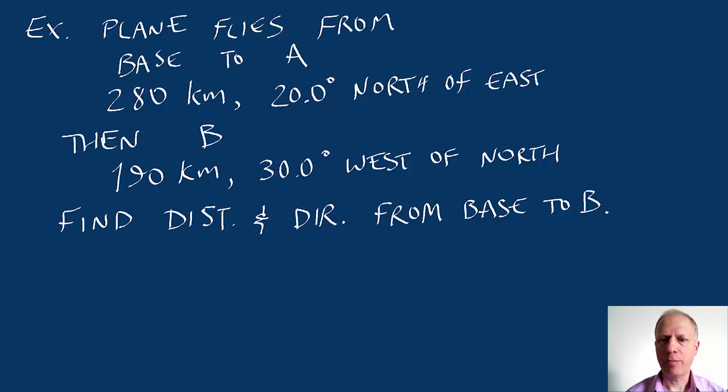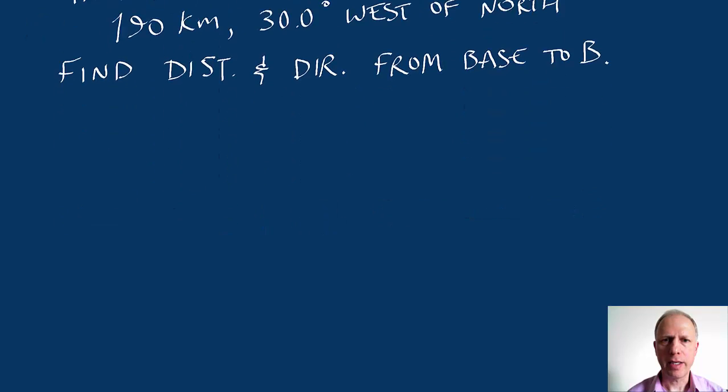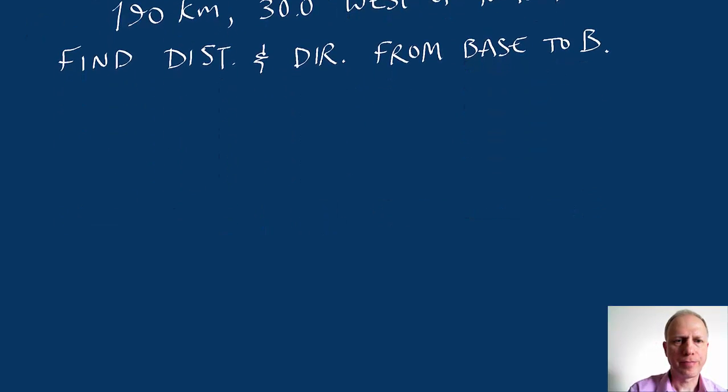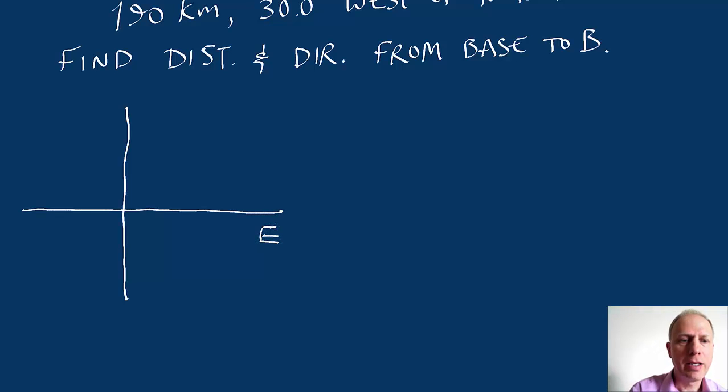So in pretty much any problem, I strongly recommend that you make a sketch. I'm going to let the x and y axes coincide with the east, west, north, south directions. The base is at the origin, and the first flight, which was in a direction 20 degrees north of east, would look something like this.